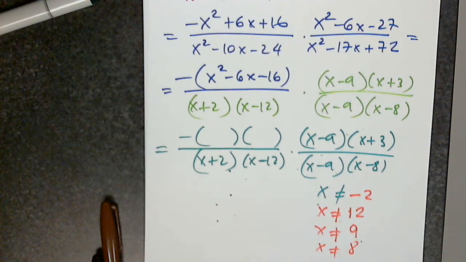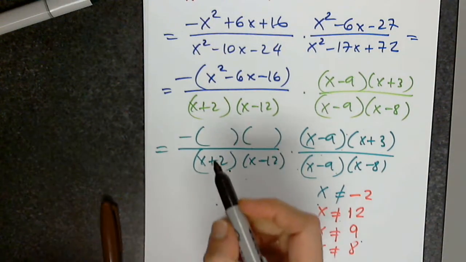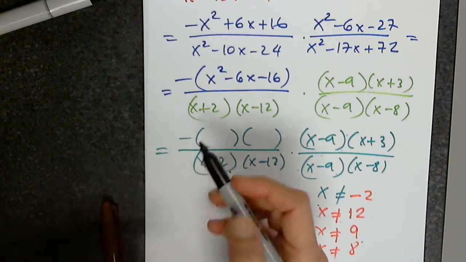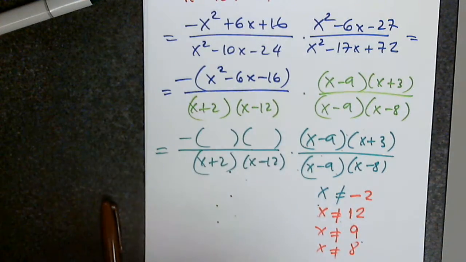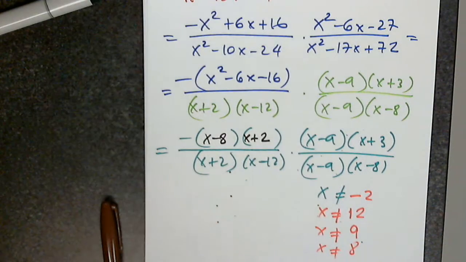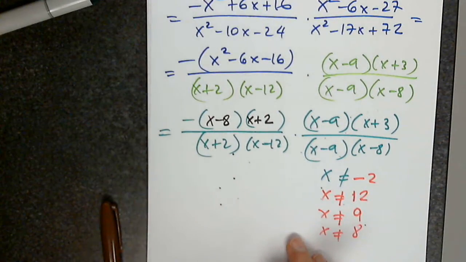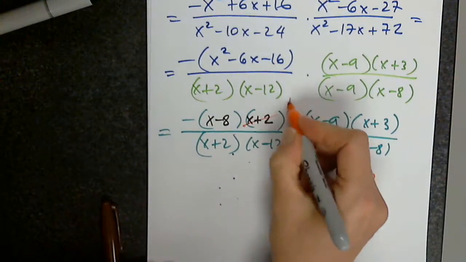So what is the factor form of the numerator? X minus 8 is 2. Very good. Now I'm allowed to simplify. Please tell me what to simplify. Very good, excellent. And write 1 and 1.